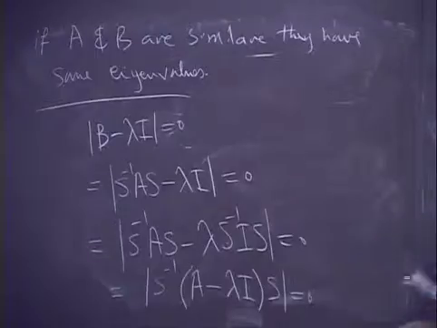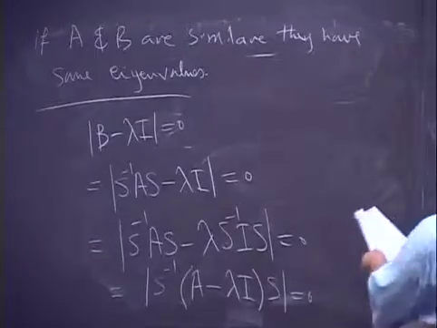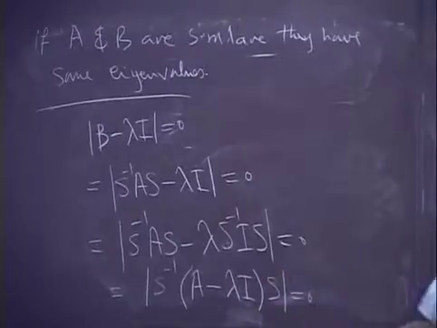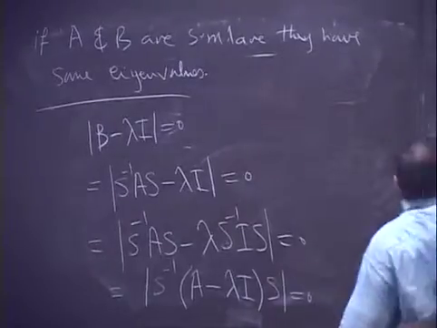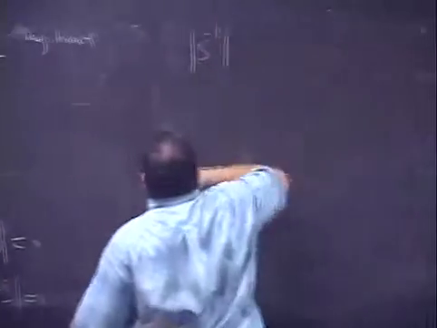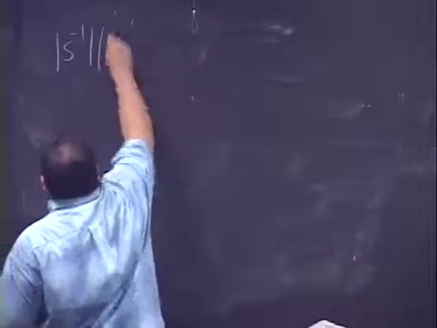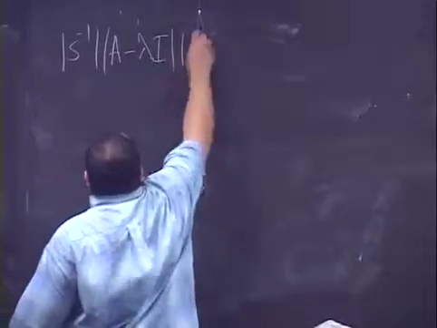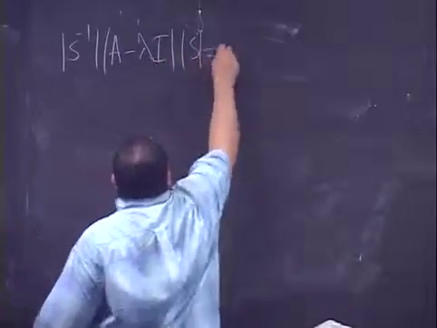And when you have it like this, then this is the determinant. Now you can return back to the properties of determinants, and this will be the determinant of S minus 1, the determinant of A minus lambda I, multiplied by the determinant of S, equal to 0.